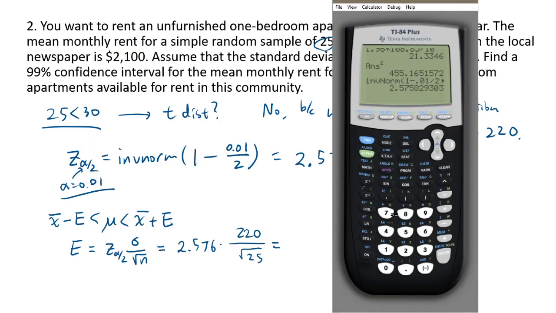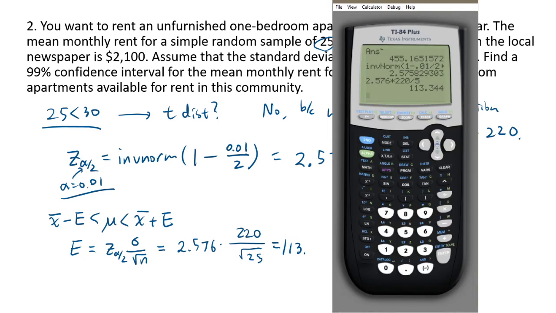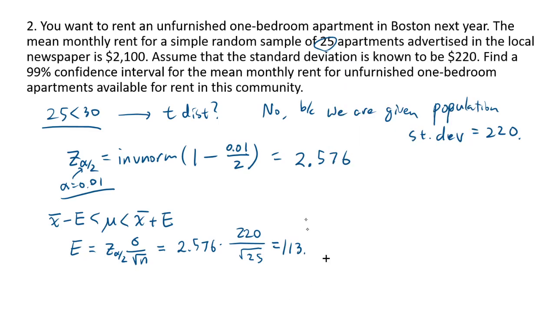Square root of 25 is 5, so knowing that would make it easier for us. 2.576 times 220, and then we'll just divide by 5, which is the square root of 25, and 113.344 is what we have. Yeah, 344. Okay, so we'll just go with 113.34.